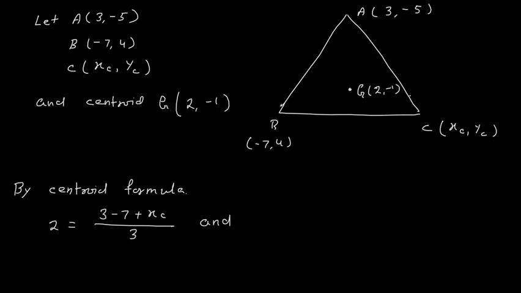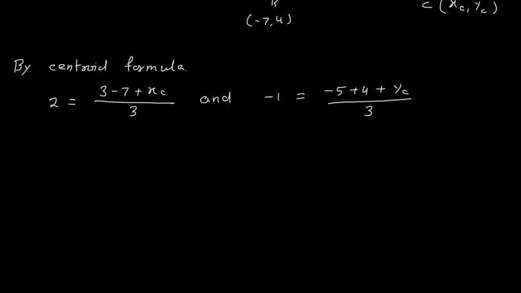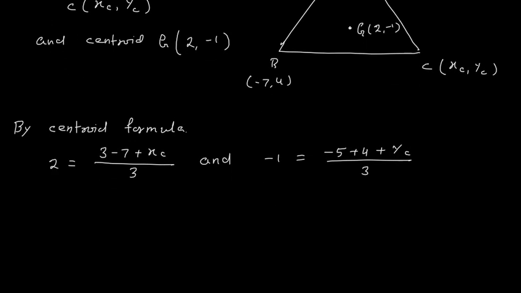So this will give xc. Now 3 minus 7 is minus 4. This is equal to 3 into 2, that is 6. And here minus 5 plus 4 is minus 1. So yc minus 1 will be equal to minus 3.